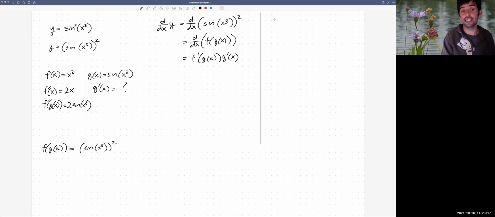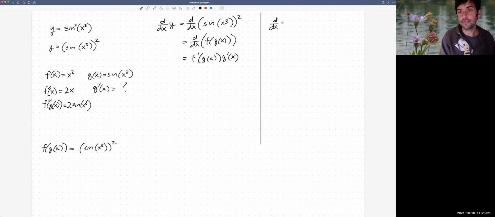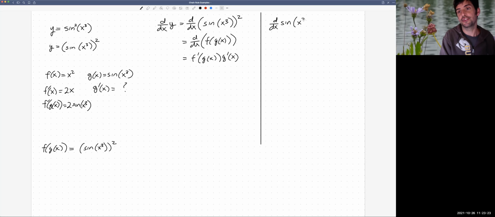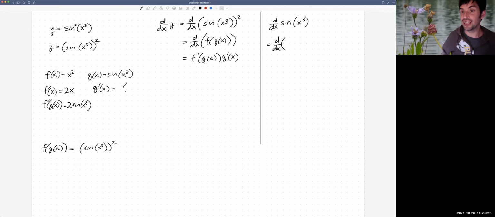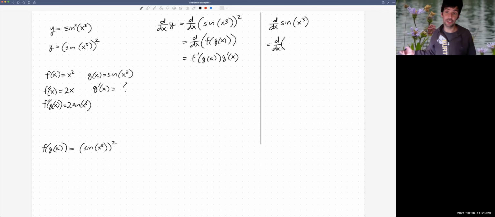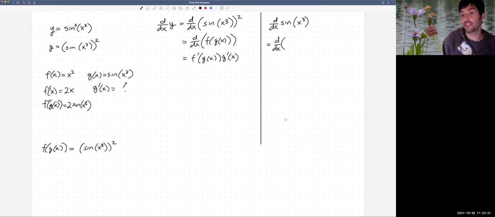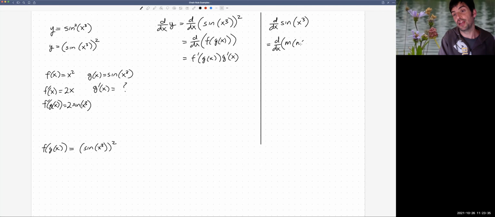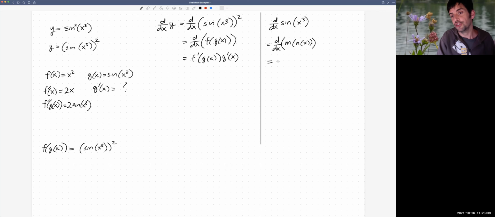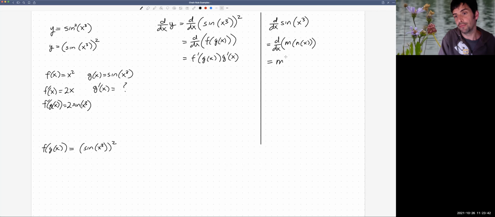So let's find g prime of x over here. d/dx of sine of x cubed. It's going to be d/dx of, let's write the functions we need to make this a composition. Let's give it the names m of n of x. So m and n will be my new functions. So the derivative will be m prime of n of x, n prime of x, right?